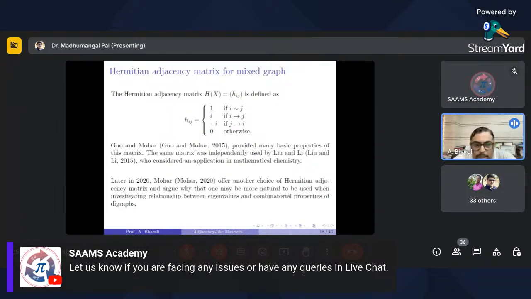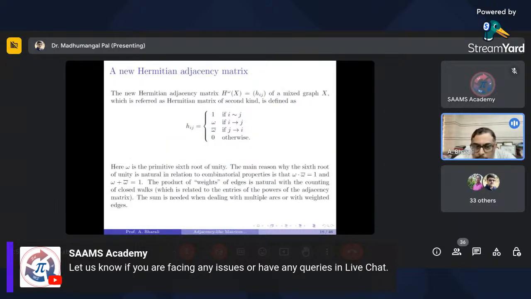He suggested that instead of using i and minus i, we can use the sixth root of unity. He also argued that this can be a more natural choice because when we add i with minus i, we get 0, but when we add omega with omega bar, we get 1.